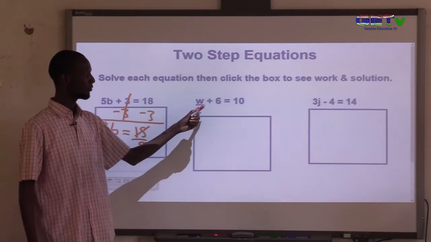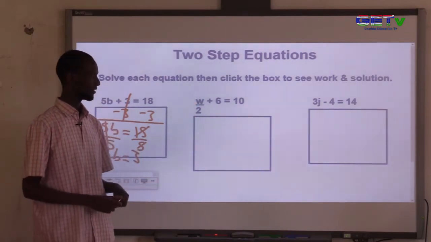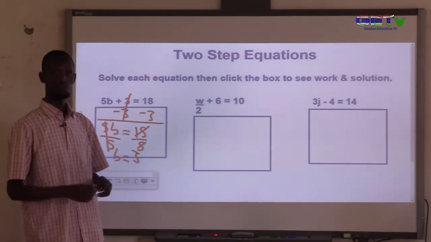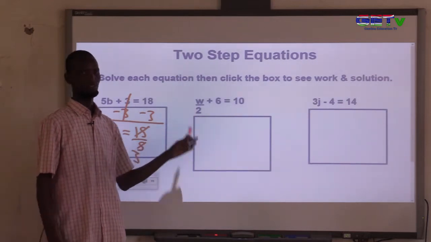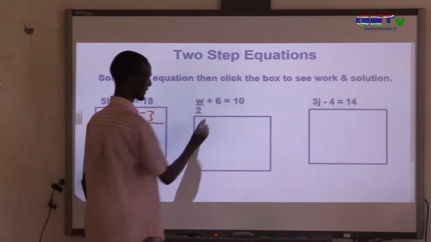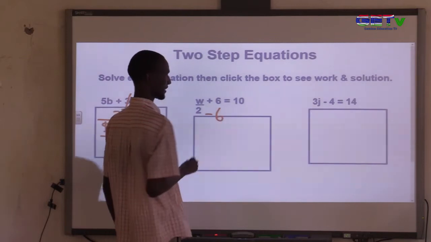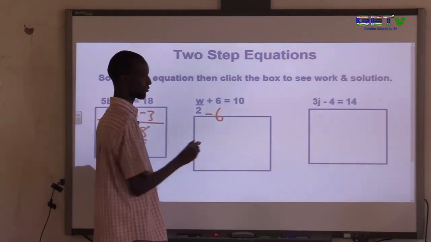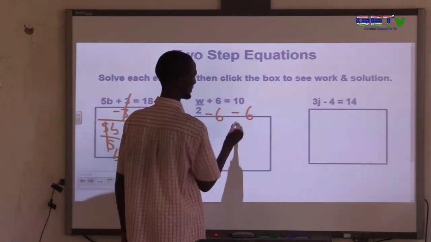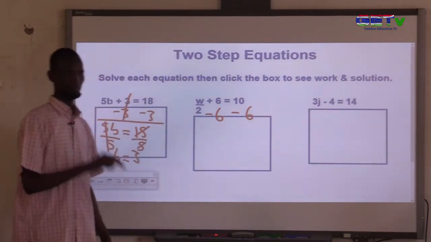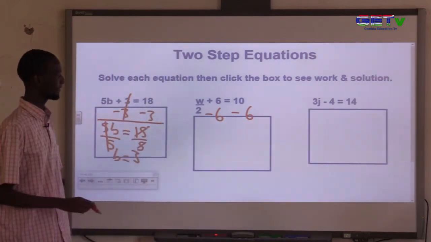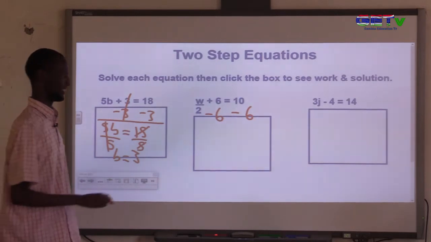So we need to undo the plus 6. And to undo an addition, you subtract. So I will subtract 6 from the left-hand side, which means I must also subtract 6 from the right-hand side, because whatever I do to one side, I must repeat the same to the other side.